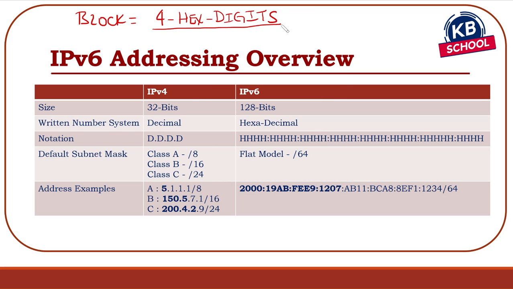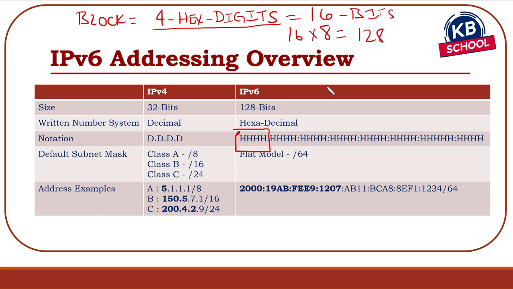If I have 4 hex digits and each hex digit is 4 bits, this gives you 16 bits in this block. So you'll have 16 times 8, which gives you the 128 bits.